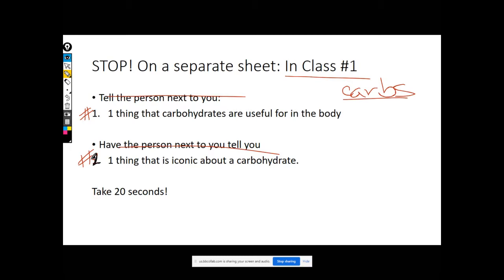Okay, so why are cells taking that in, or why is the tissue taking that in? What's the point in a carb? Okay, your second bullet point is one feature that you will use to tell the difference between a carb and other biomolecules. Okay, use your terms the best you can.